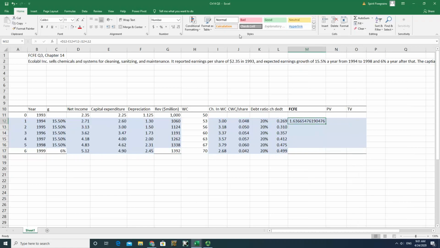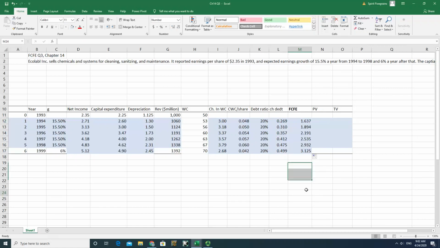That gives you the FCFE estimation. To be precise, I want to leave 3 decimal points, and I can copy this cell to the end to get the estimation of free cash flow to equity.